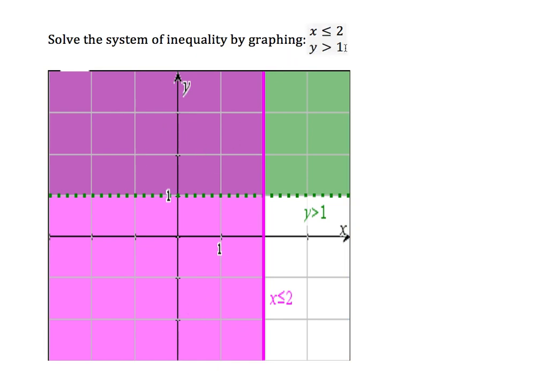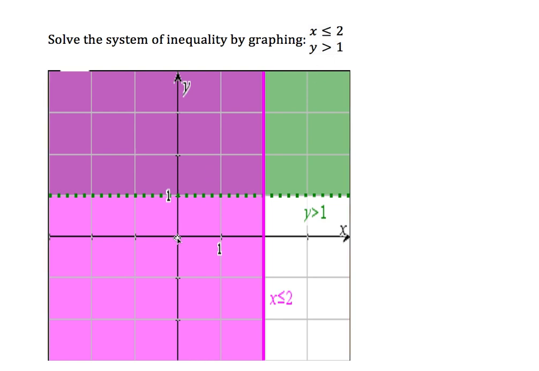And then for y is greater than 1, that's going to be a horizontal line right at y is 1. And notice this is a dotted line, and it's because you don't have the equal line there. And then again, you would plug in 0, 0 for y. If you do 0 is greater than 1, that's a false statement.